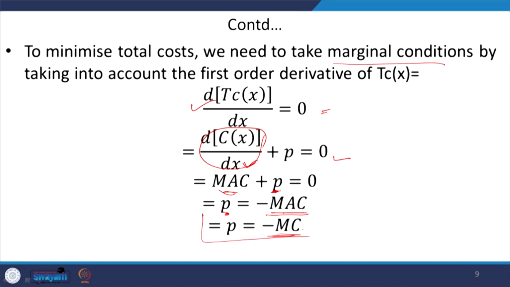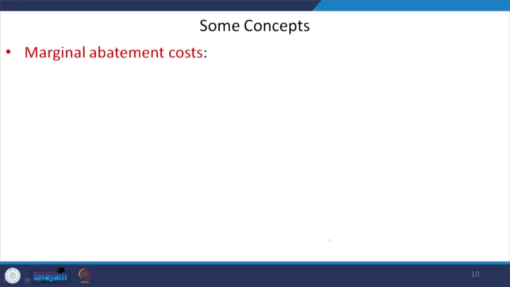So, P is the negative of the marginal abatement cost.